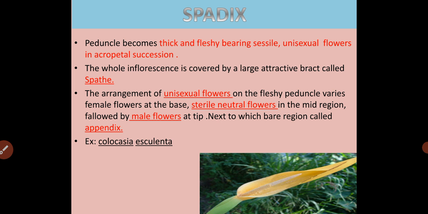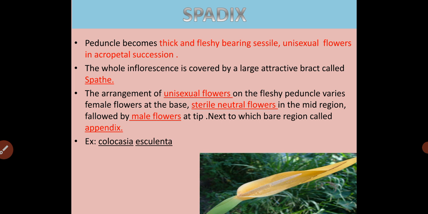Spadix is the inflorescence in which the peduncle becomes thick and fleshy, which bears sessile unisexual flowers arranged in acropetalous succession. The whole inflorescence is covered by a large attractive bract and the bract modification is called the spathe.